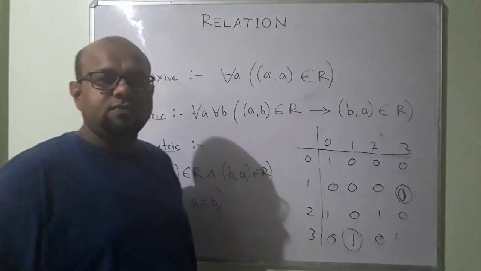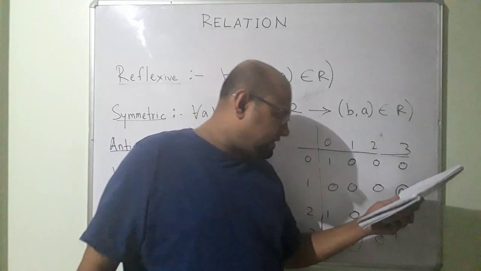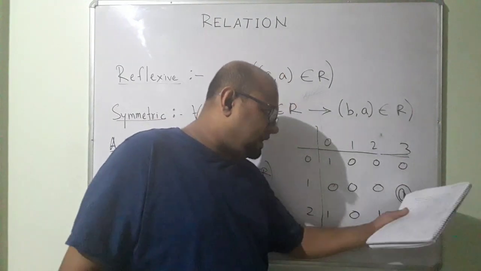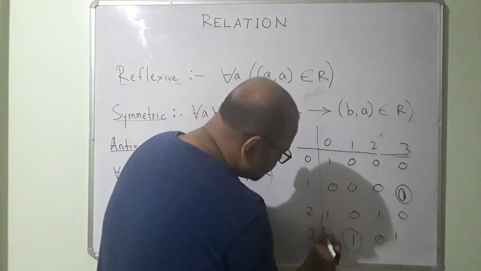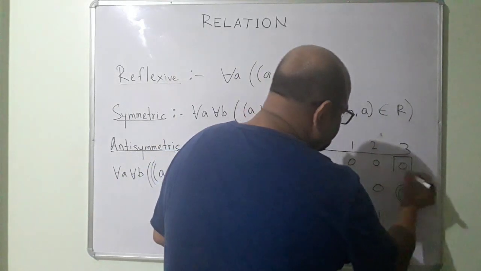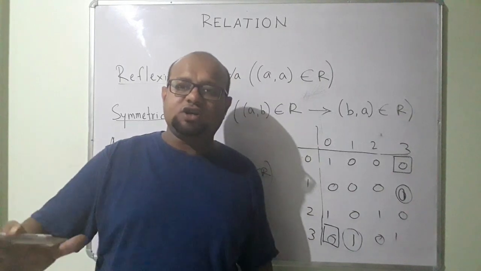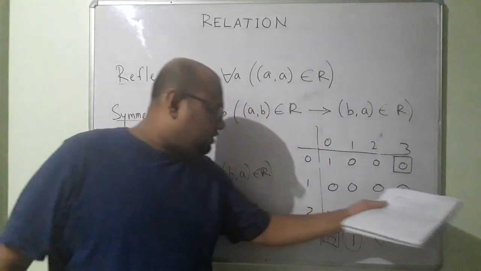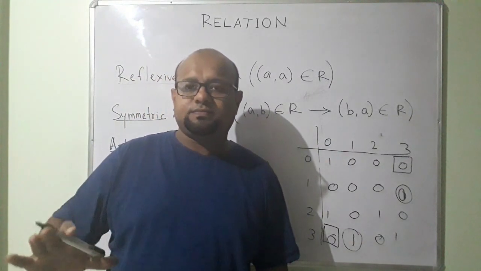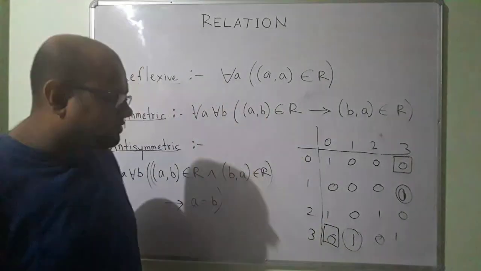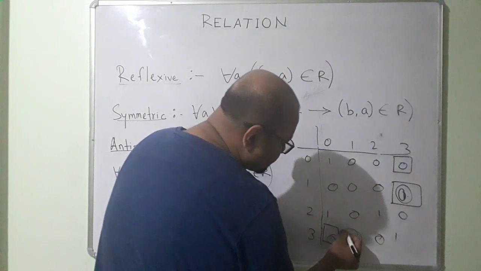So think about it: how many possibilities can we have for these two pairs? (3, 0) is 0 and (0, 3) is also 0, that is not a problem. Both of them not being there is not a problem. But if (3, 1) is there, then (1, 3) cannot be there. So there are three possibilities for this. This is directly related to this, right?